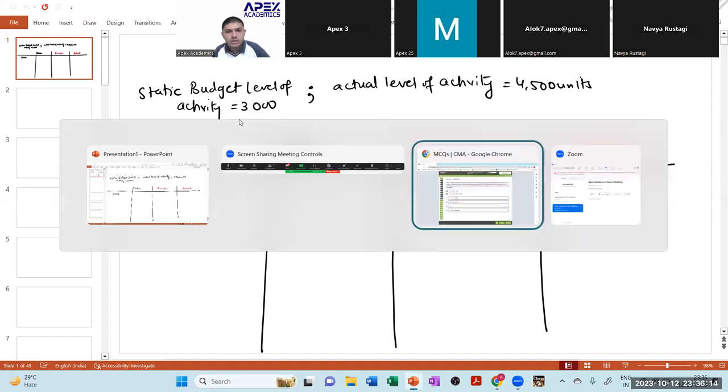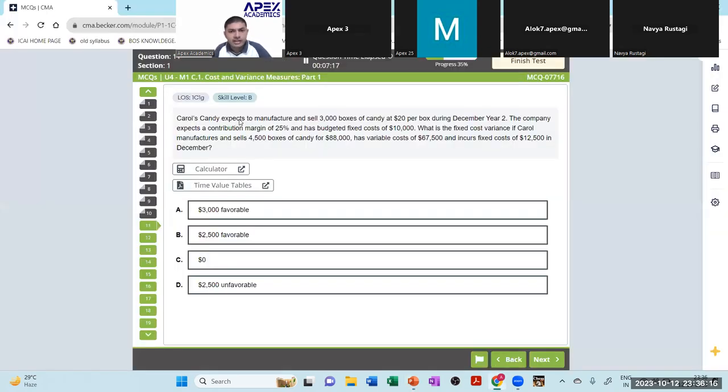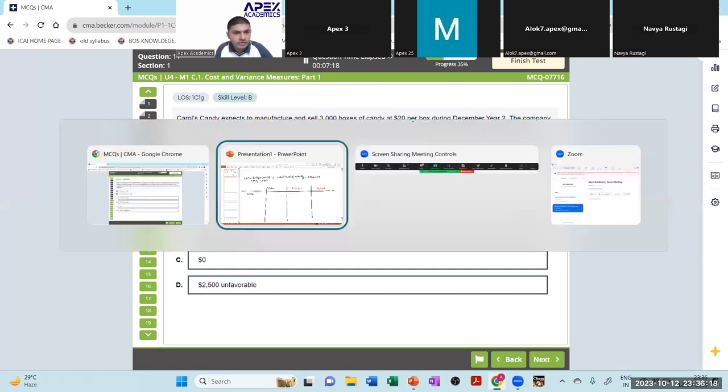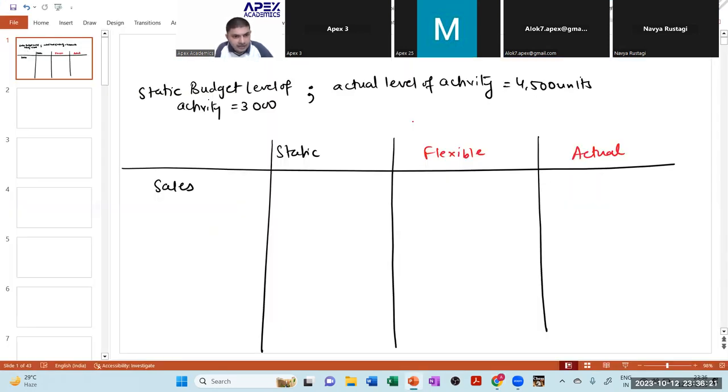Now look at static. 3,000 at 20 per box, correct? Static, right? Sales. 3,000 at 20 per box. So in flexible, I will take how much? 4,500 at 20 per box. Agreed? Yes, sir.